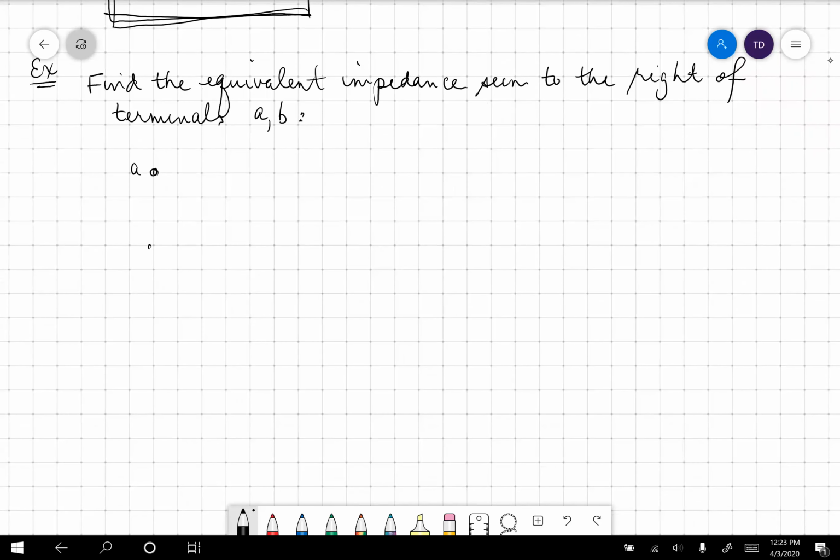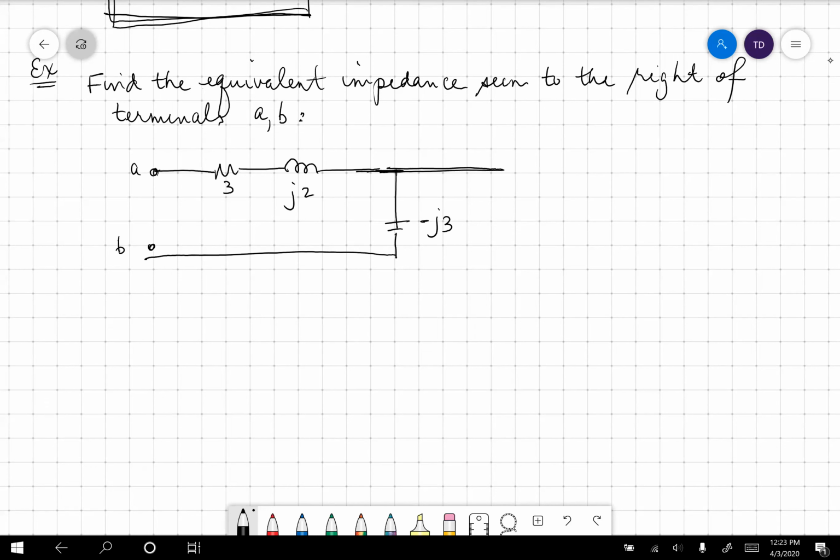Here's A, here's B, and to the right of it, I have a 3 ohm resistor. I have an inductor whose impedance is j2. I have a capacitor here, and that capacitor is, let's make that negative j3. Notice it's got to be negative. If I put in positive, there's clearly something wrong.